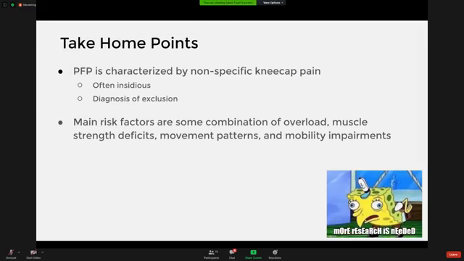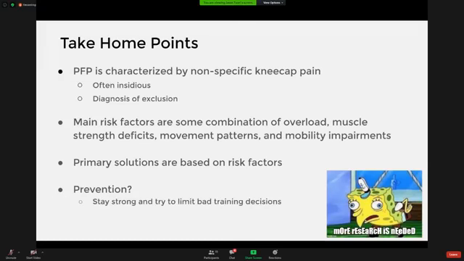Our main risk factors: some combination of doing too much too soon, muscle strength deficits, movement patterns maybe, and maybe some weird foot stuff. Primary solutions based on our risk factors: we treat what we find, and the prevention strategy is basically going to be stay strong and try to limit bad training decisions. That's the goal for everything, isn't it?